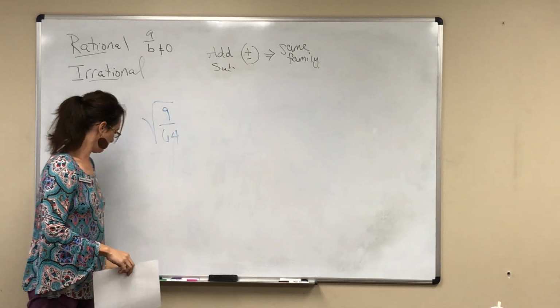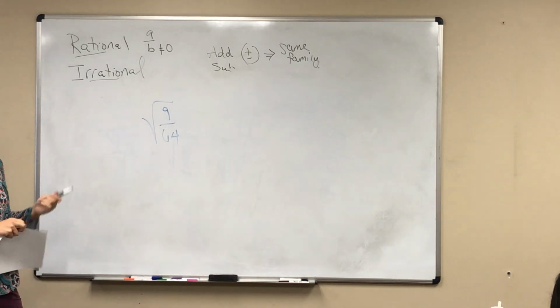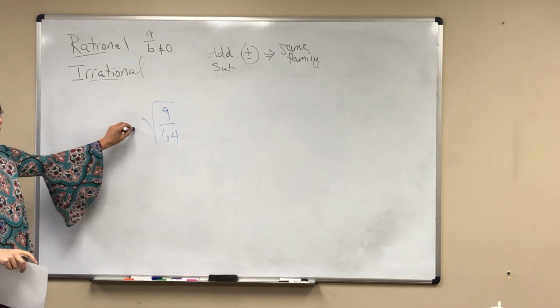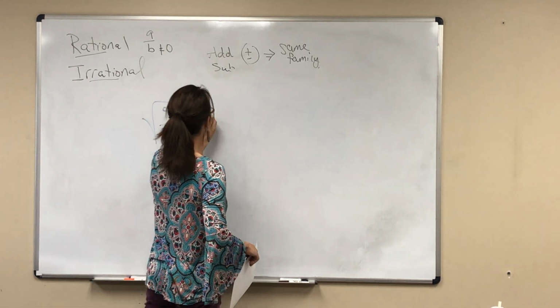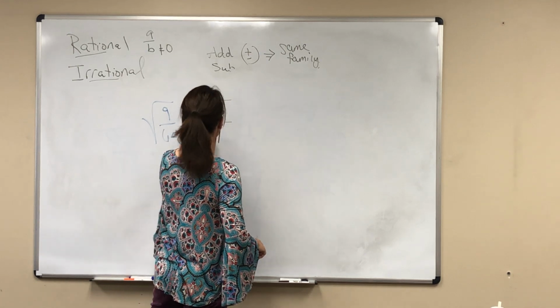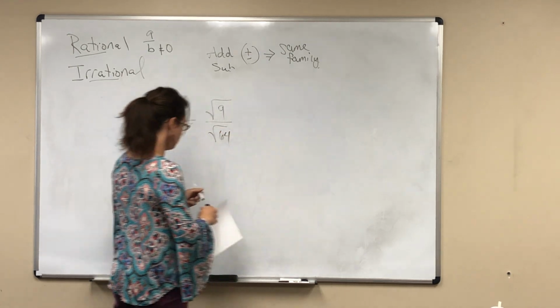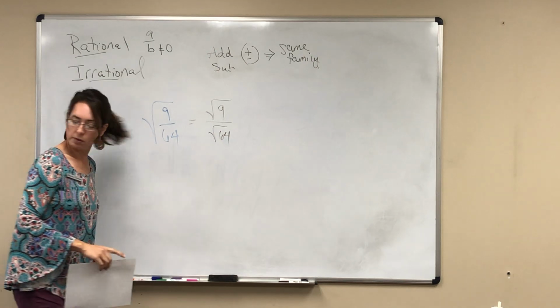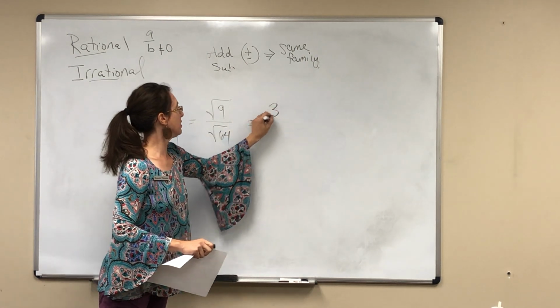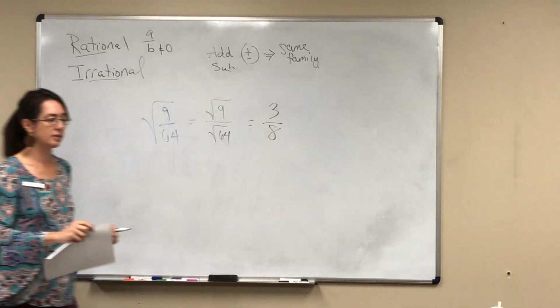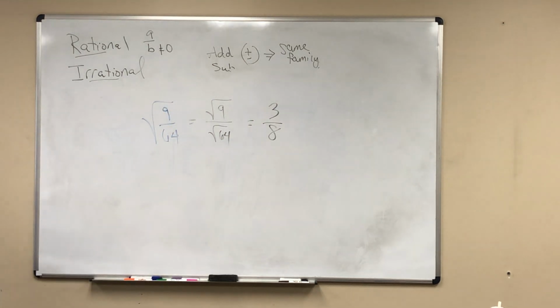What should we do? Should we leave this one underneath the radical? Split it up. So I would split it up as the square root of 9 over the square root of 64. The square root of 9 is 3. The square root of 64 is 8. 3/8.